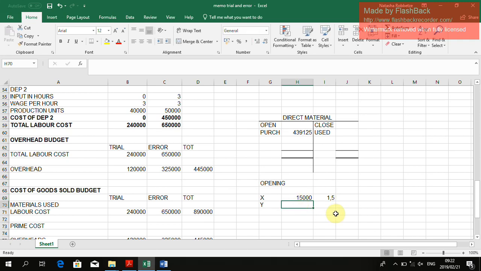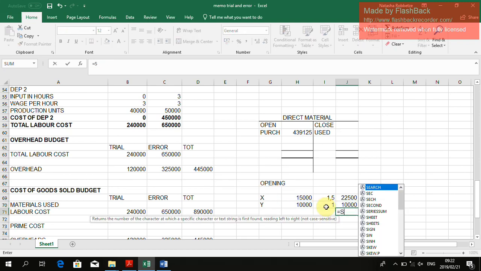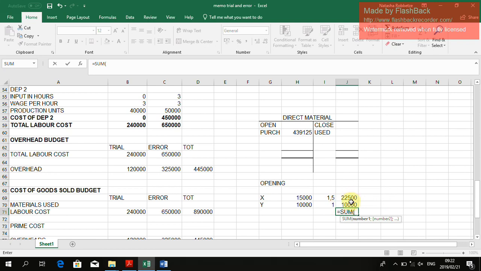For raw material Y in opening stock, we had 10,000 kilograms, and at that stage, the price was still R1. So if I multiply these, I will be able to calculate what the values of the opening materials were, and I can get to a total. And the total value of the opening materials was then the 32,500.